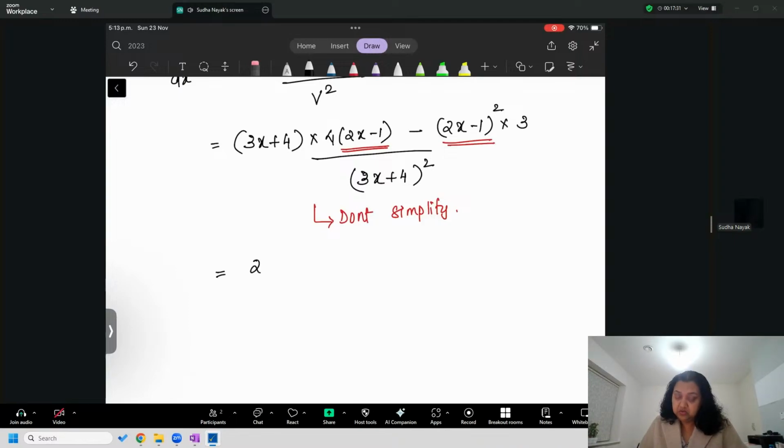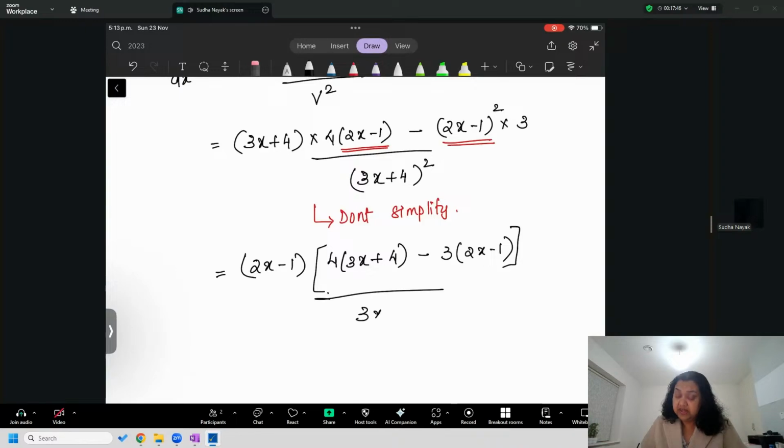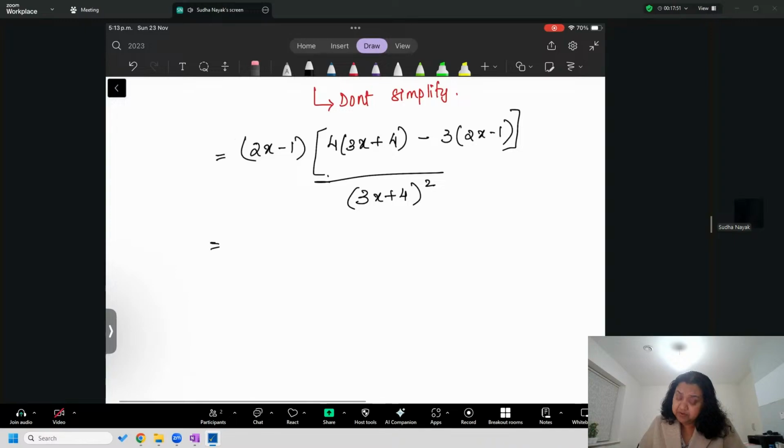So what you do is you take the 2x minus 1 outside, and then this will become 4 times (3x plus 4), that's what is remaining there, minus 3 times (2x minus 1). Okay, now it has become very simple and a lean equation. So I can simplify it very fast.